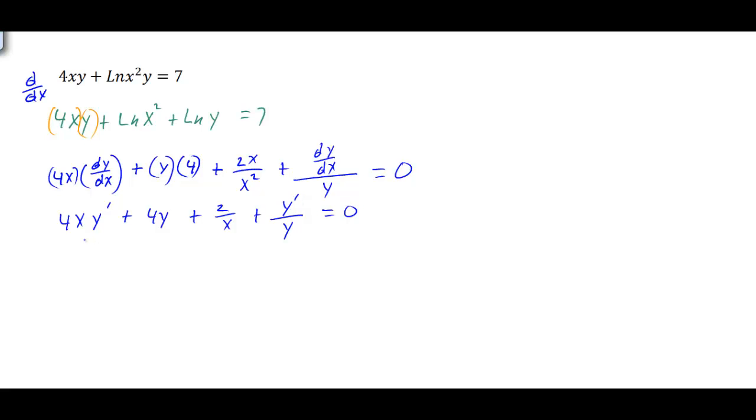So to do that, the first step, maybe to make things a little bit easier, is because we have 2 over x and this y prime over y, we could get rid of our fractions by simply multiplying both sides by the common denominator, which would be xy.